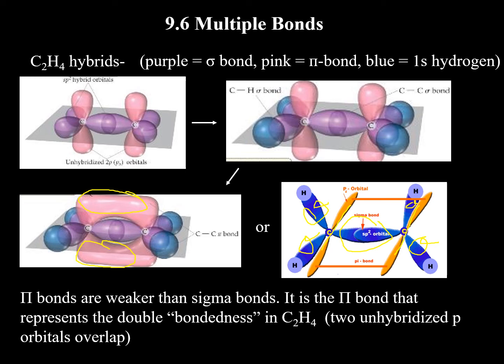If I draw this out, double bond. If the question was how many sigma bonds are in this molecule, there would be 1, 2, 3, 4, 5 sigma bonds, and there would be 1 pi bond here above and below.